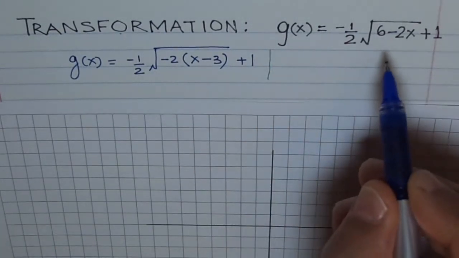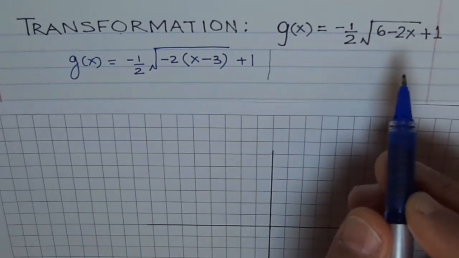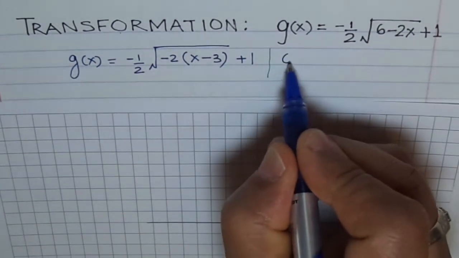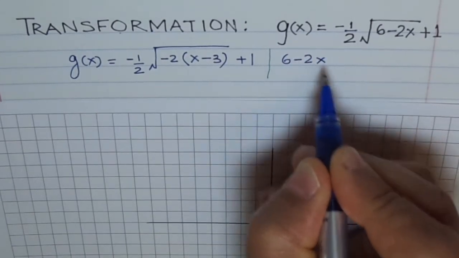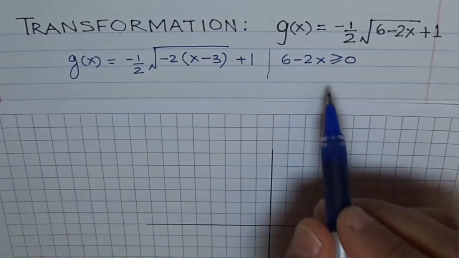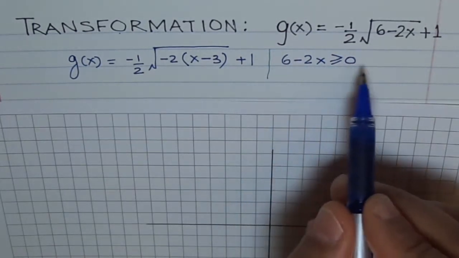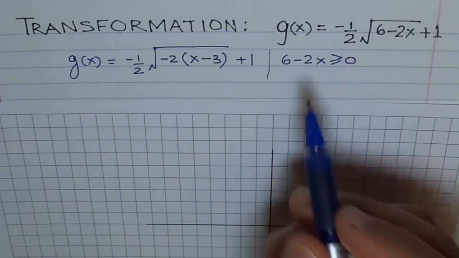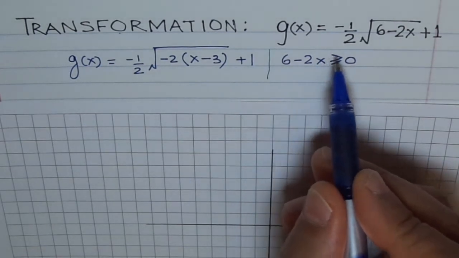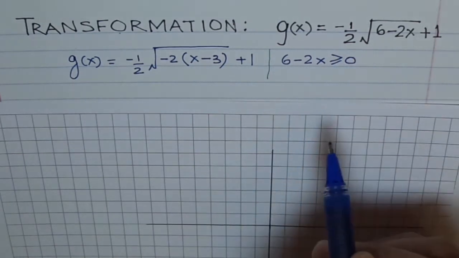So to find the domain of g(x), inside term should be greater than or equal to 0, correct? So we'll do this. 6 minus 2x should be greater than or equal to 0, correct? So now I will bring 6 this side and then see what happens. Or I could bring minus 2x this side. I'll prefer bringing 2x this side, minus 2x.